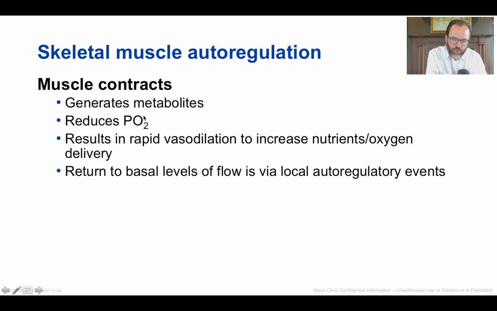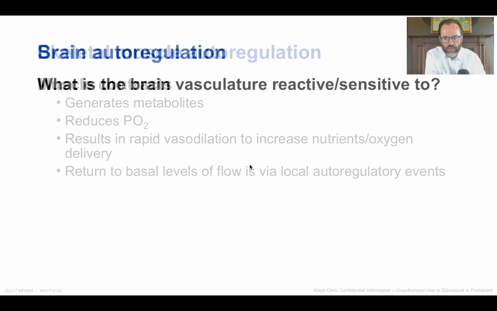That reduces the partial pressure of oxygen due to increases in oxygen consumption, and it results in very rapid vasodilation to increase nutrient and oxygen delivery to those beds. Further, the return to basal levels of flow is via an autoregulatory mechanism as well. So again, local matching of blood flow to metabolic demand is an autoregulatory mechanism, primarily driven by PO2 and metabolite levels.